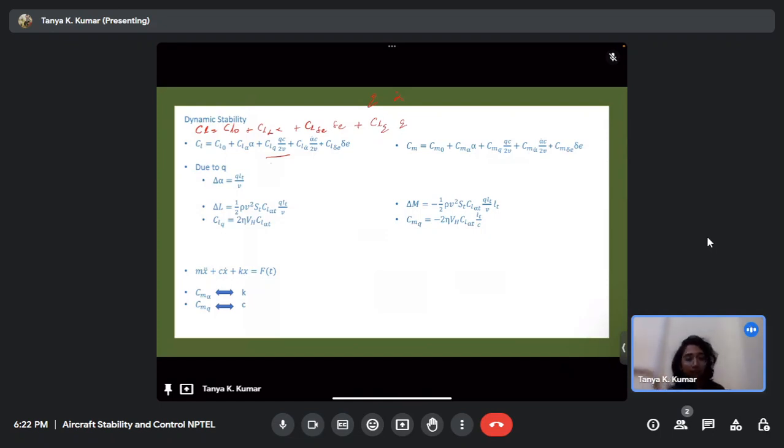Can anyone tell me why you have CLq into q c by 2V, and also CL alpha dot into alpha dot c by 2V? Why is there a difference? Why can't it just be CLq into q?